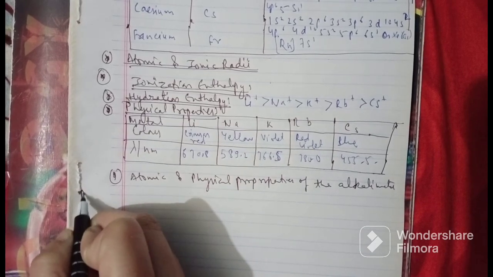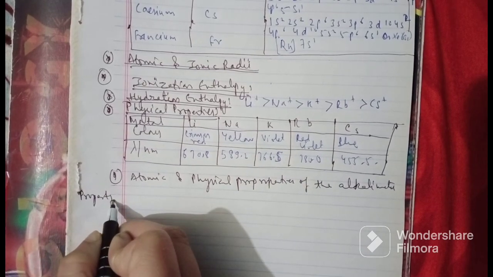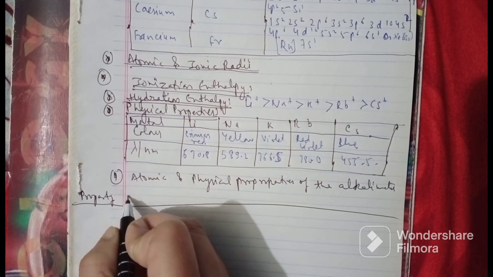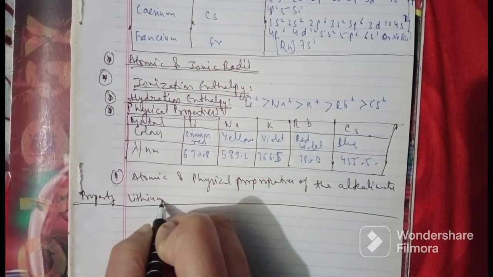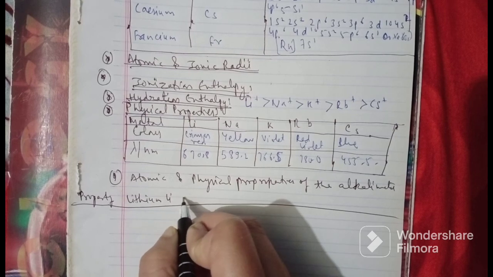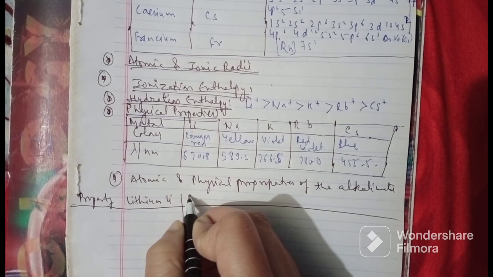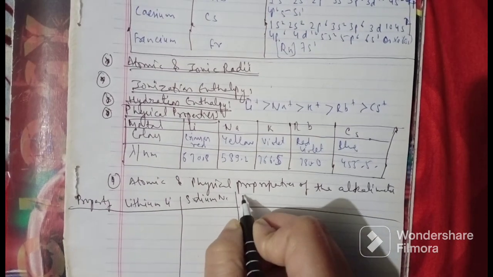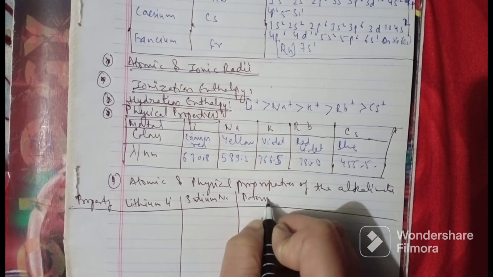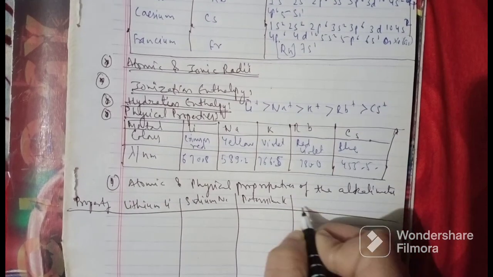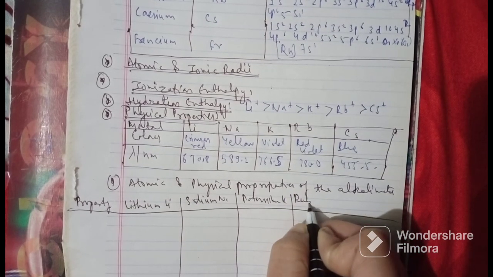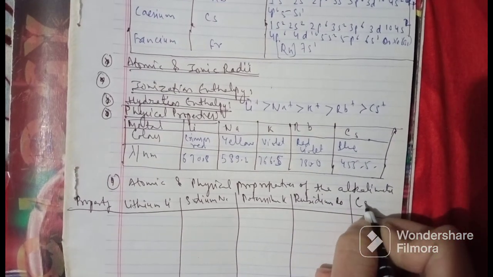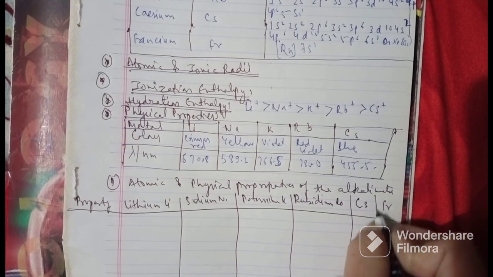The first property we discuss is for lithium Li, sodium Na, potassium K, rubidium Rb, cesium Cs, and francium is Fr.